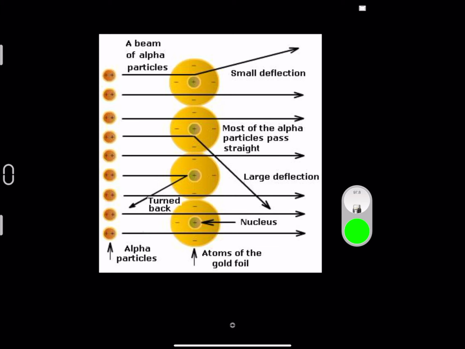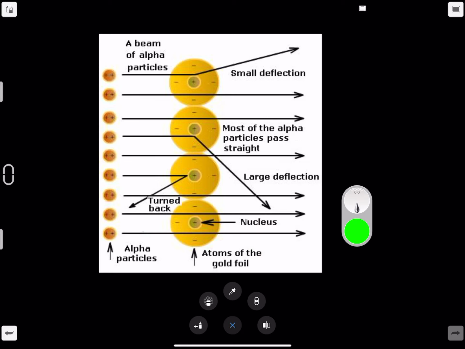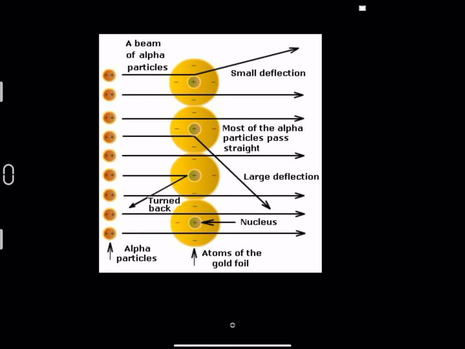This is very important for us, because most of the alpha particles have passed straight through. This means that most of the atom is empty space. Most of the atom is empty space. That is why most of the alpha particles pass straight through.